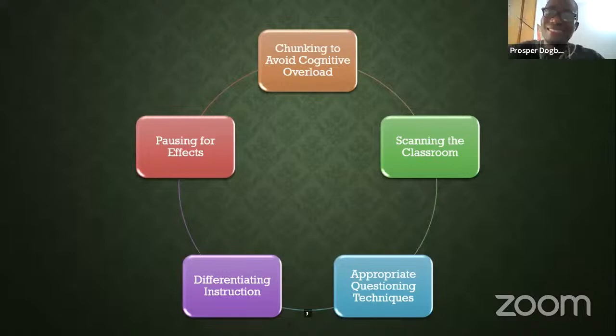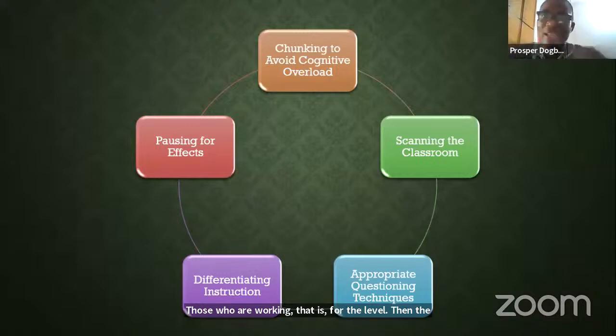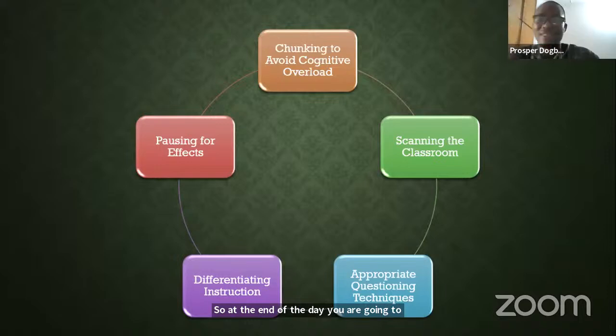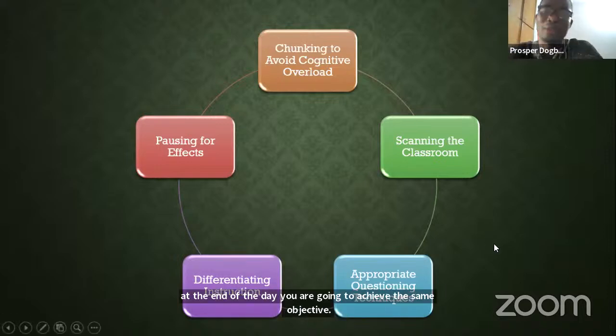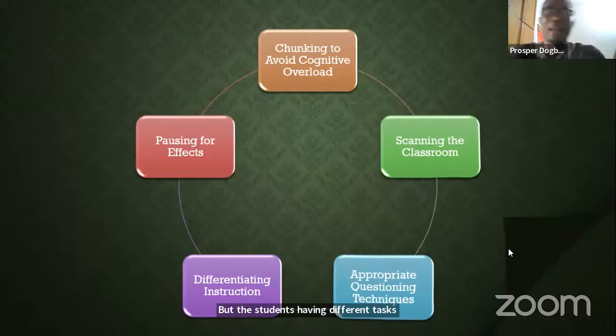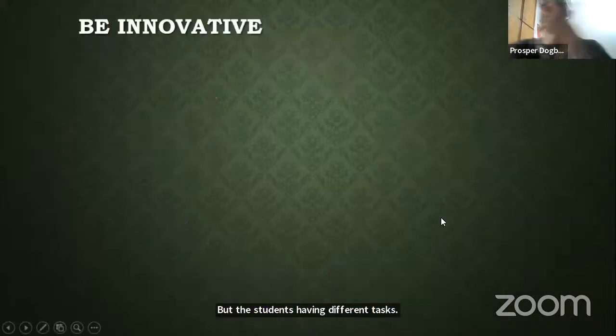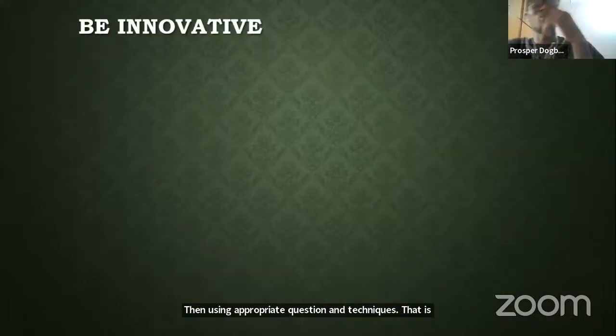Then put your task in such a way that you have those who are working a task that is for their level, like below average. Then the average group, give them a task. So at the end of the day, you are going to achieve the same objective, but the students having different tasks to accomplish.